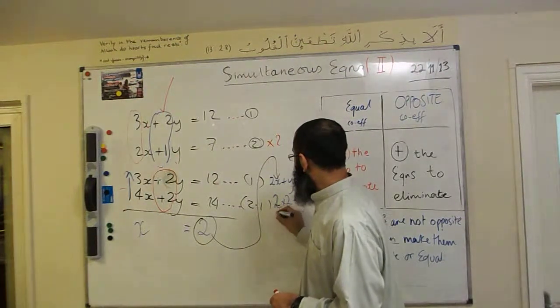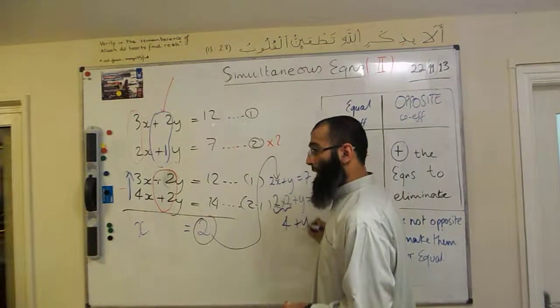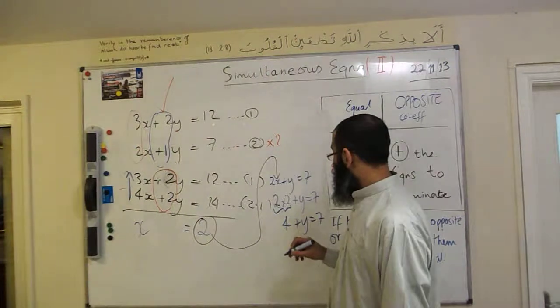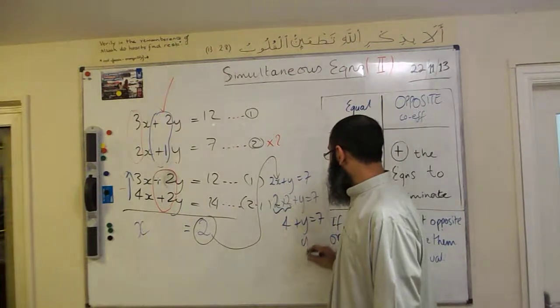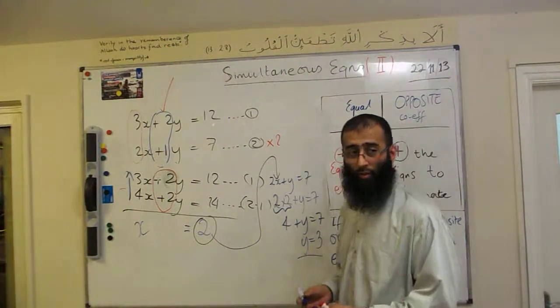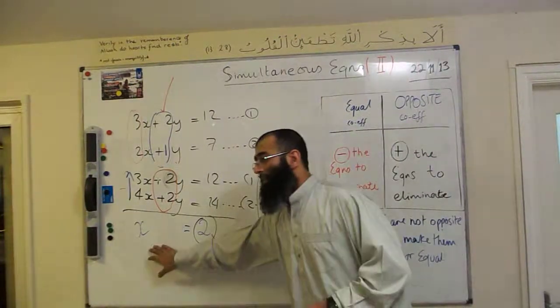So 2 times by 2 will give us, I don't all shout at once, 4 add y is equal to 7. Okay, now 4 add a number is 7. So y will be equal to y is equal to 3, mashallah, thank you.